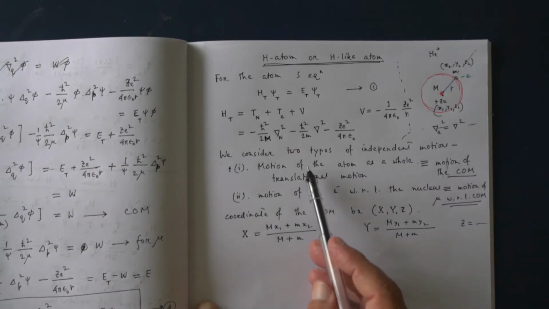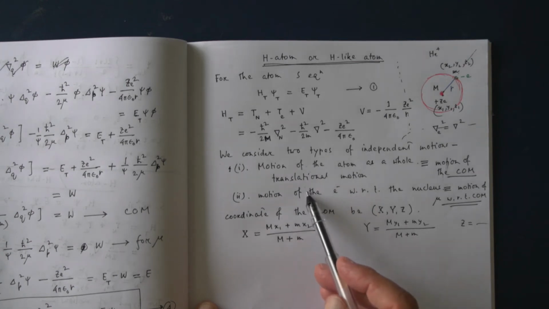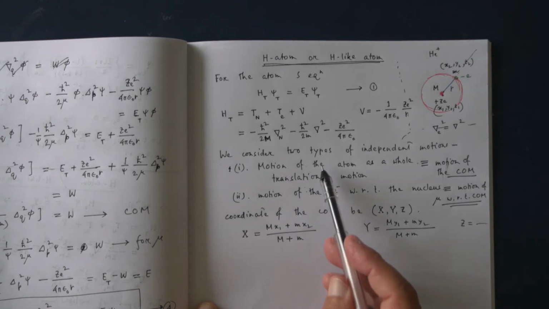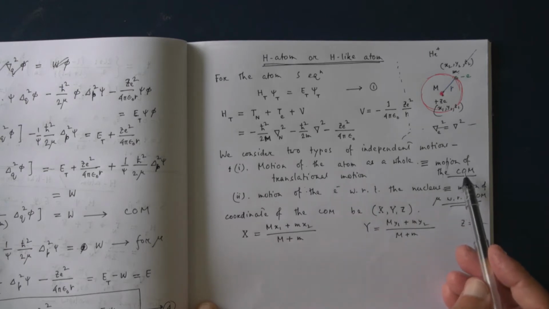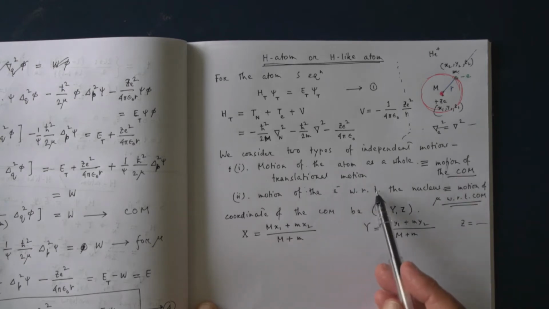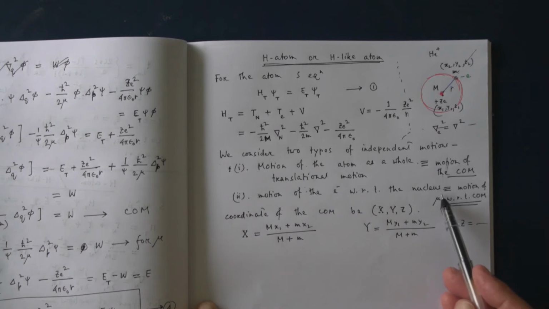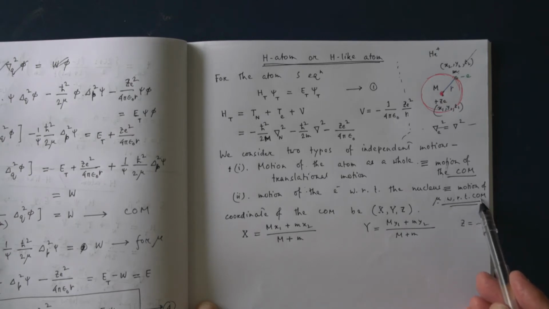So we consider two independent motions. This motion is equivalent to the motion of the center of mass, and this motion is equivalent to the motion of a hypothetical particle with mass mu with respect to the center of mass.